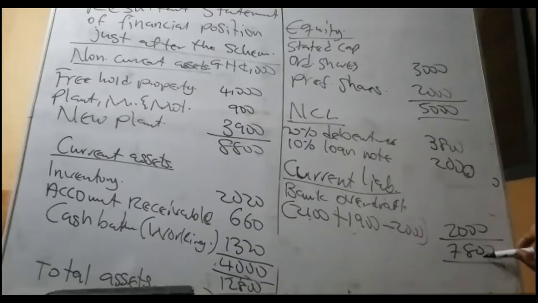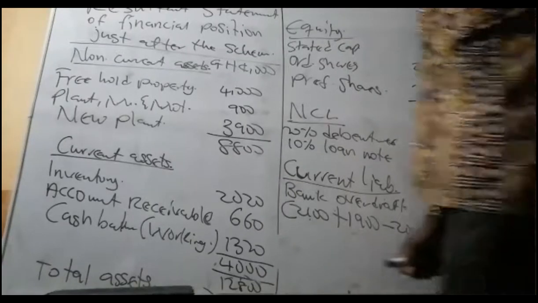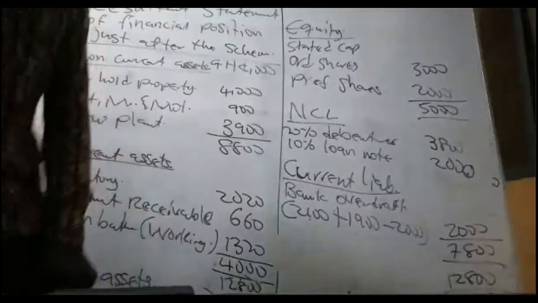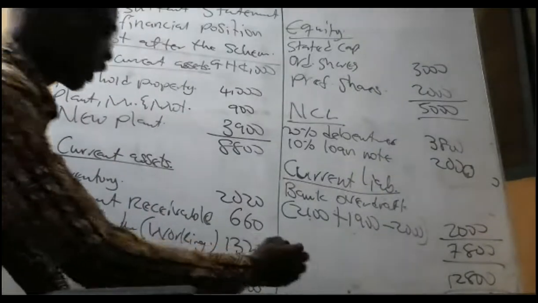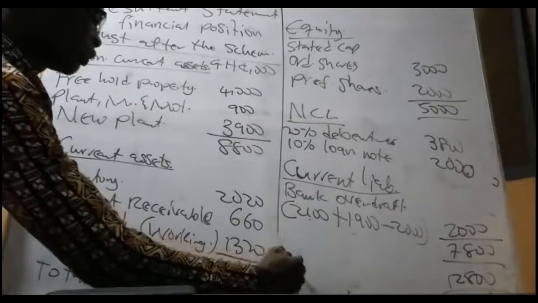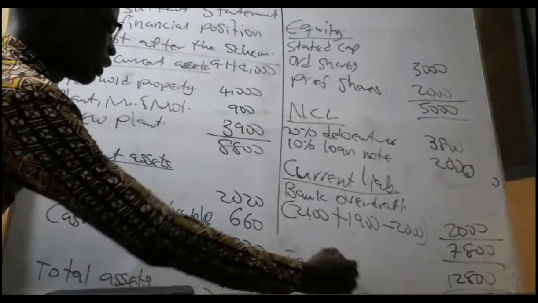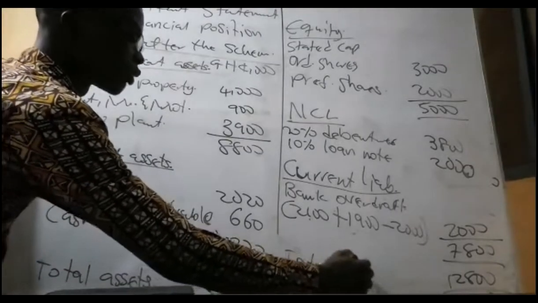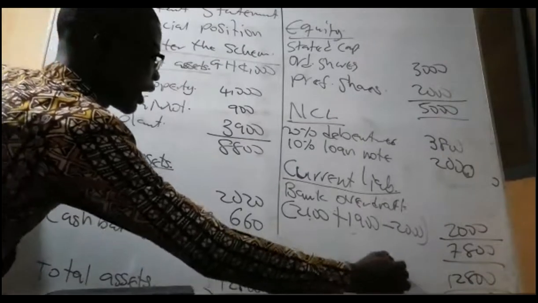So now this 7,800 plus the equity of 5,000 should give us 12,800. You double underline, then you are done. Then you correctly write a name there. That's total equity and liabilities.